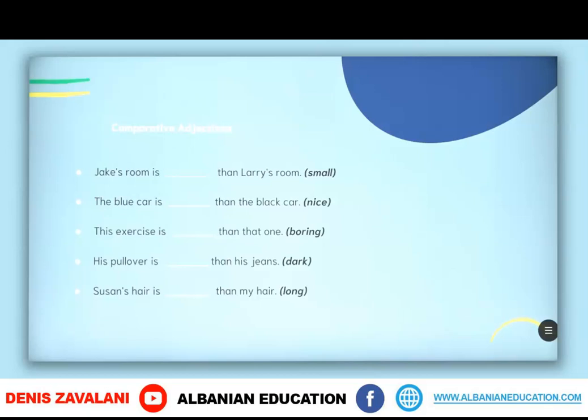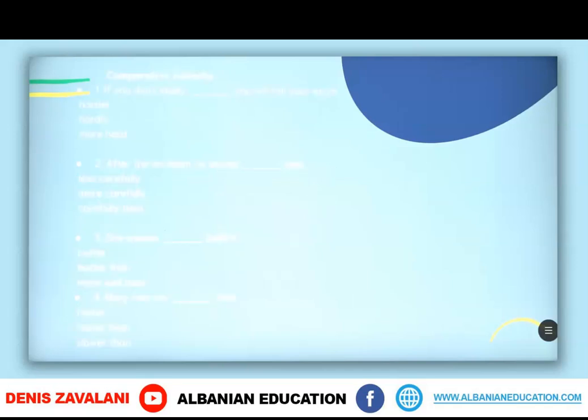This exercise is more boring than that one. His pullover is darker than his jeans. And the last one, Susan's hair is longer than my hair. Of course, we know that adjectives describe nouns, and the comparative adverbs modify the verb.